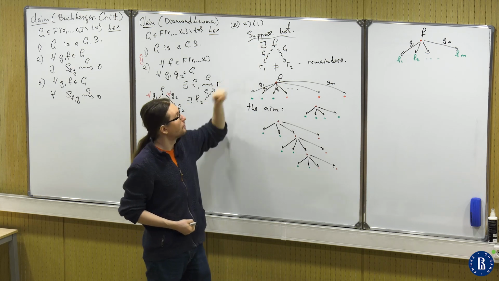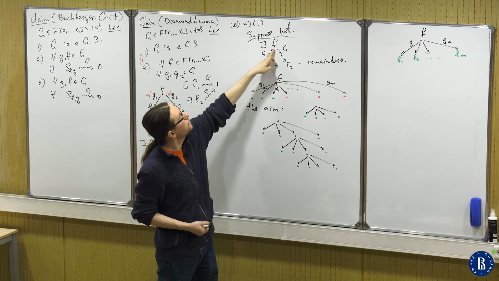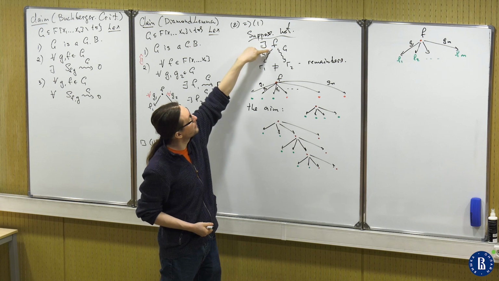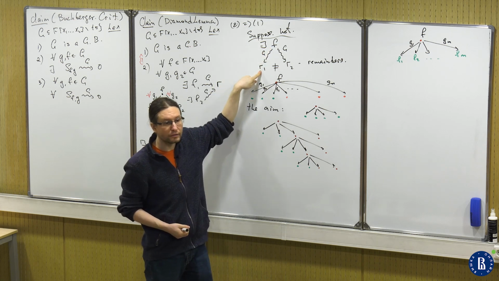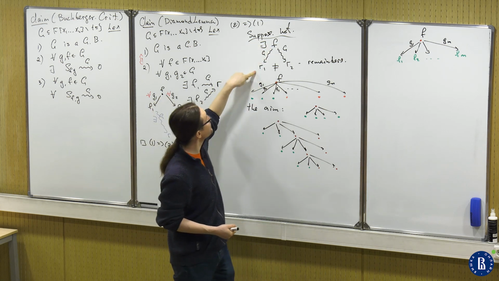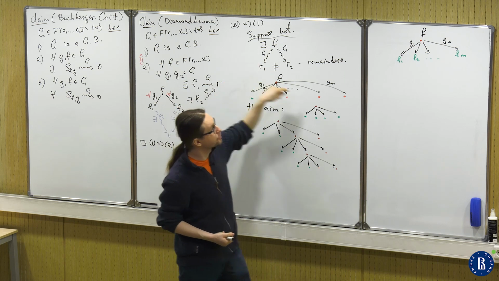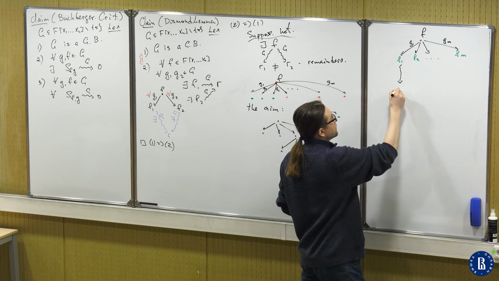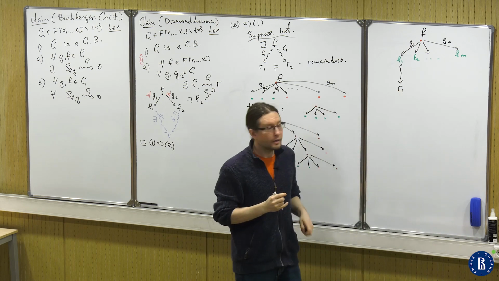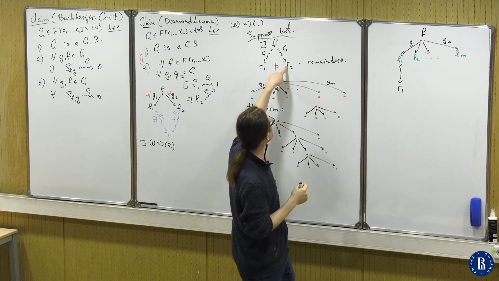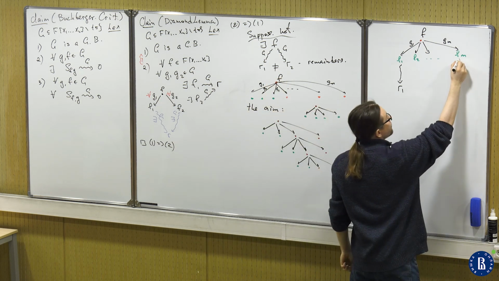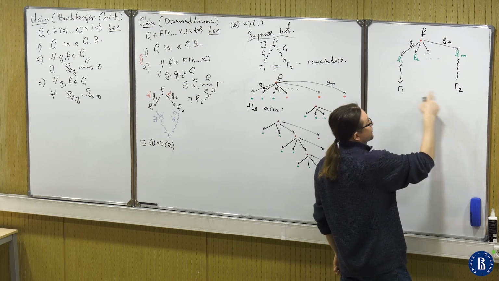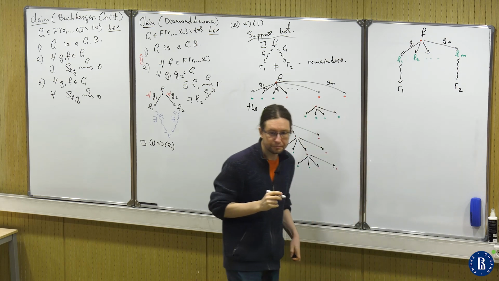Okay? But if we have a remainder R1, we have a sequence of elementary reductions leading to R1. Let's say that this sequence of elementary reductions goes through the first arrow, F1. So this leads to R1. And I want to assume that this other sequence goes through, let's say, Fm. And these two remainders are distinct.